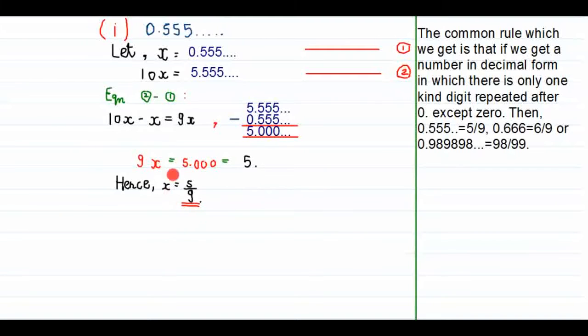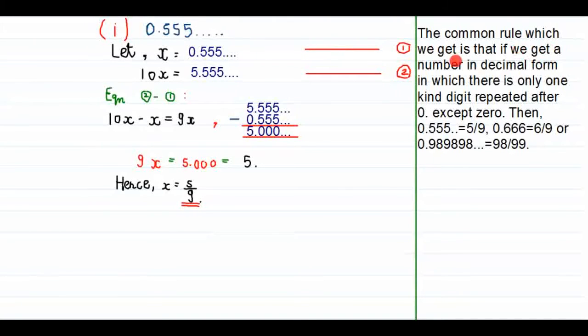After doing this, I have got a common rule which I see in most questions like this, in which there is no 0 after the point and only a particular set of digits repeating.